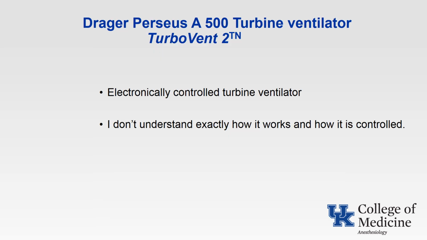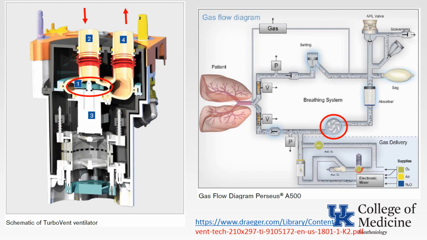A final ventilator which is used in our modern current anesthesia machines is a Draeger turbine ventilator called the TurboVent 2. It is an electronically controlled turbine ventilator. I don't understand exactly how it works and how it is controlled. This is a diagram. It basically has a fan motor, like a hair dryer, and it shoves gas in, which is controlled electronically.